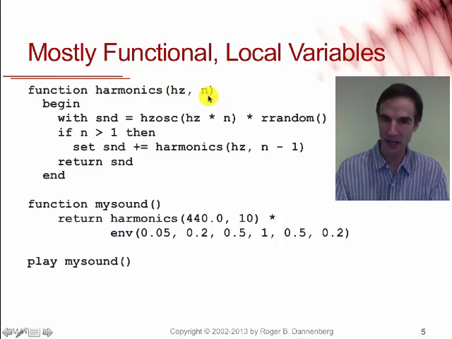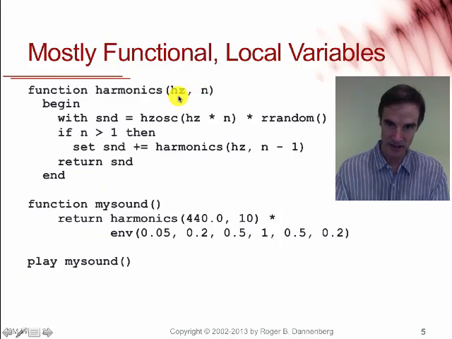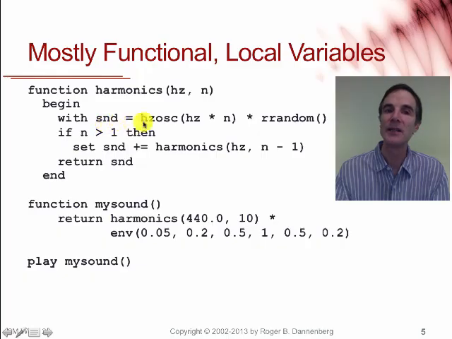We're going to compute n harmonics of this base frequency Hz. And to do that, we first of all assign the local variable SND to Hertz-Osk of Hertz times n, and that's scaled by some random value. Okay, so if n is 1, then we've just computed Hertz-Osk of Hz, and we're done.